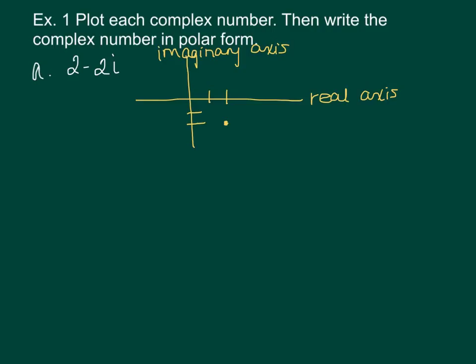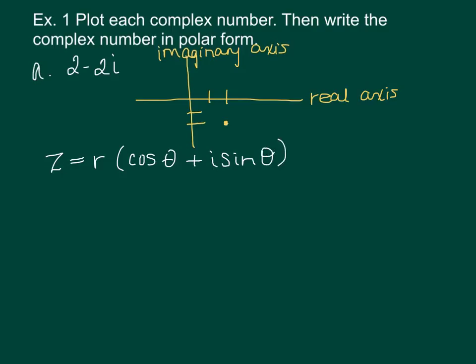And now I'm going to write it in polar form. First thing we need to do is go over the formula. Z equals R cosine theta plus I sine theta.